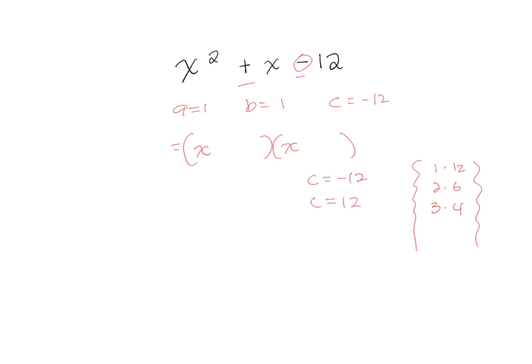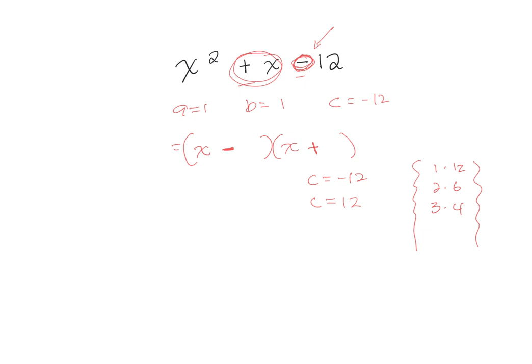So when the last term is negative, this is the difference of the factors. What I mean is that you're always going to have a negative and a positive, two different signs. And when you have two different signs, the b term is the difference.